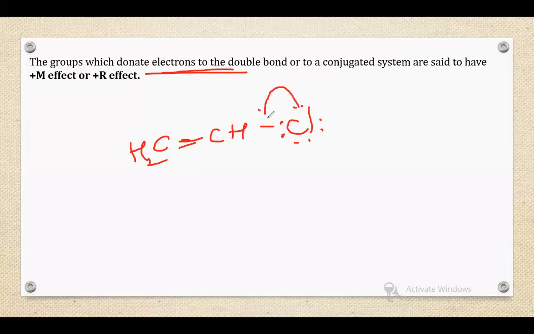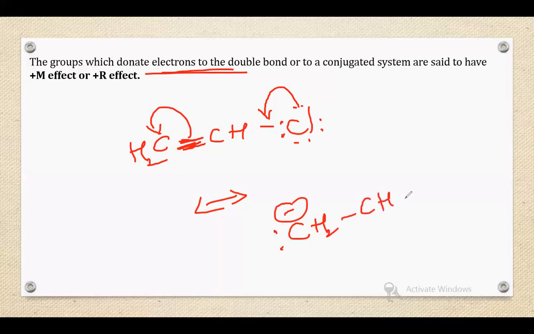If it donates electrons to this, the electron cloud on this carbon increases because it forms a double bond, and the electron density increases. Due to that, the double bond shifts to this carbon. We can write it like this: CH2 will have an extra pair of electrons, so the carbon will have a negative charge.